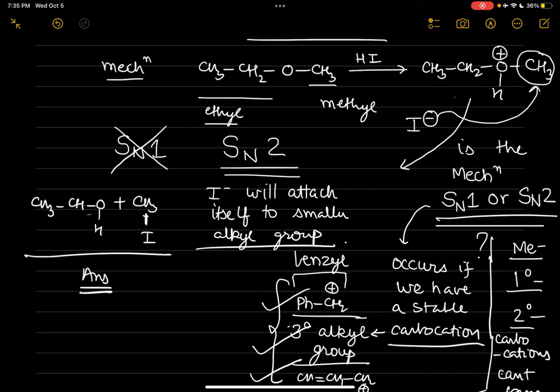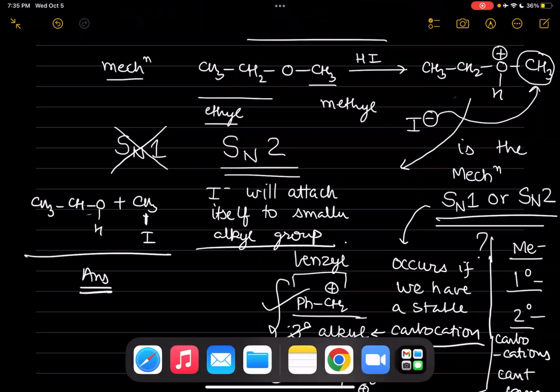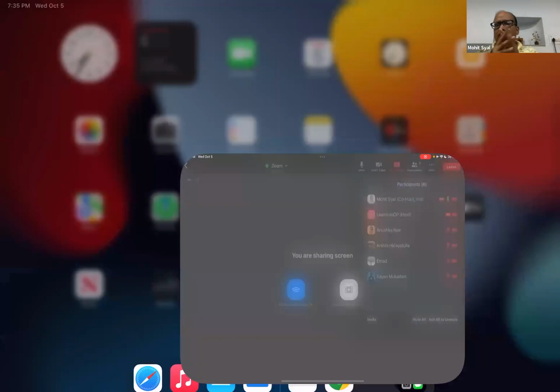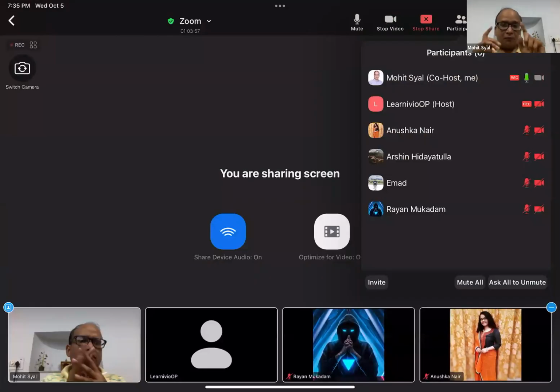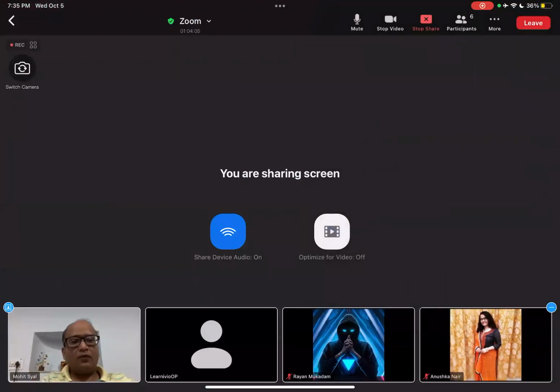You need to decide whether the mechanism is SN2 or SN1, and based on that, you need to come to a conclusion. So this is the most difficult part, but it is there in the NCERT also. Very, very important. Any doubts in this?